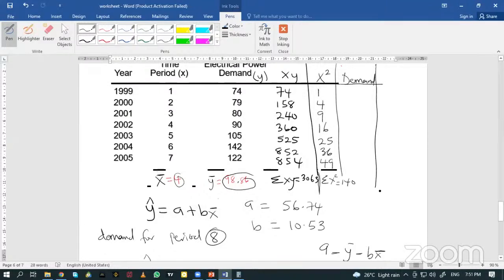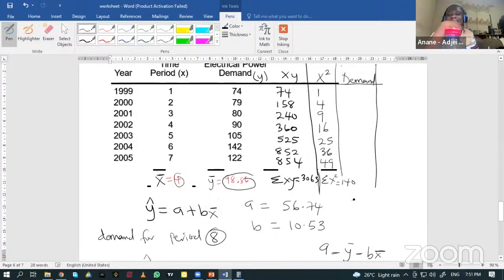No, the issue was the summation of x square, the sum of x square. So all x square, sum them together.